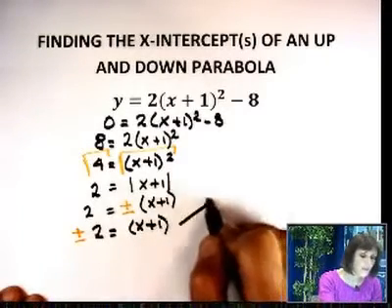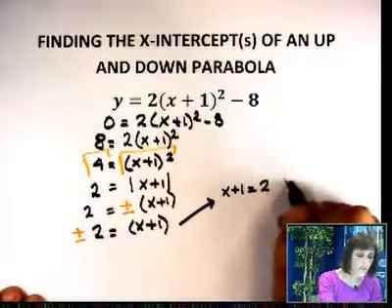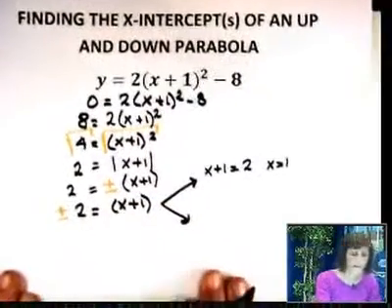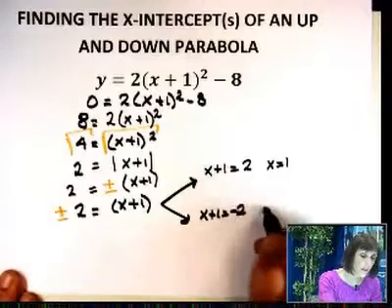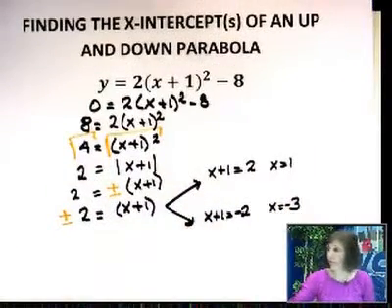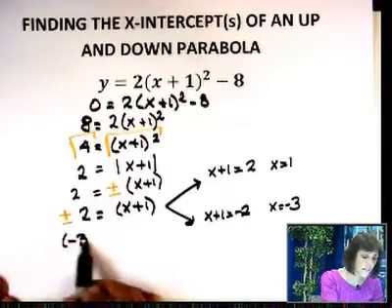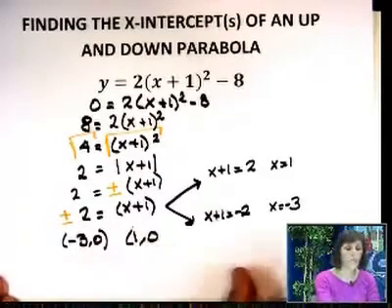That means I have two parts. x plus 1 equals 2. That will give me x equals 1. x plus 1 equals negative 2. That will give me x equals negative 3. Is that the same thing I got before? Wow. So the x-intercepts are (-3, 0) and (1, 0).